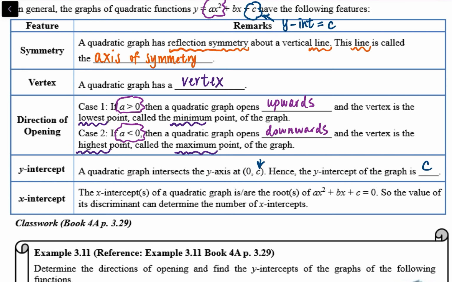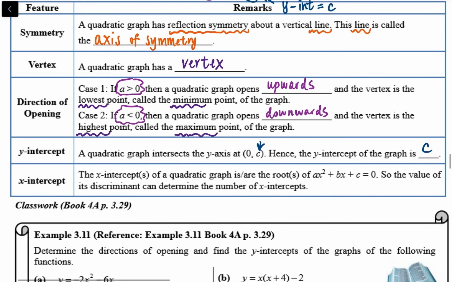And back in chapter 1, we learned how to find the roots. The x-intercepts of the graph would give us the roots. And in order to determine the number of x-intercepts, we look at the discriminant, we look at delta.